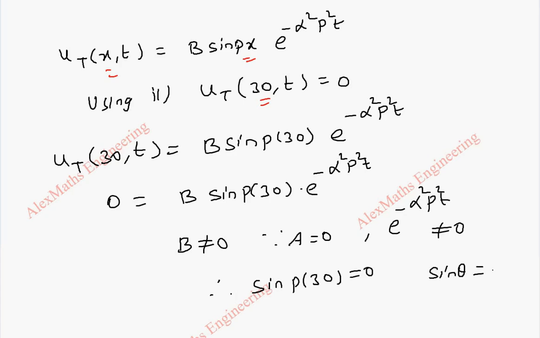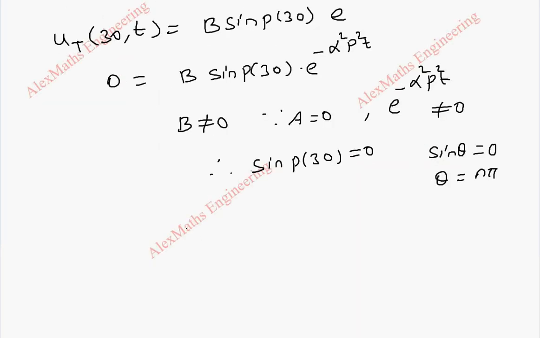Whenever sin θ is 0, θ is equal to nπ. So 30p = nπ, p is nπ/30.